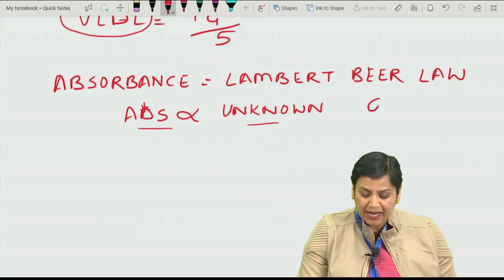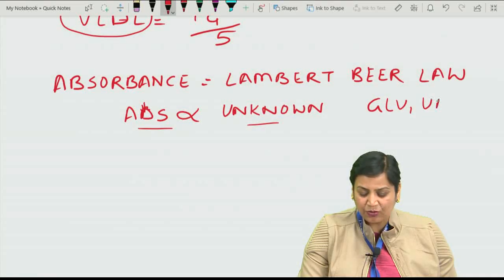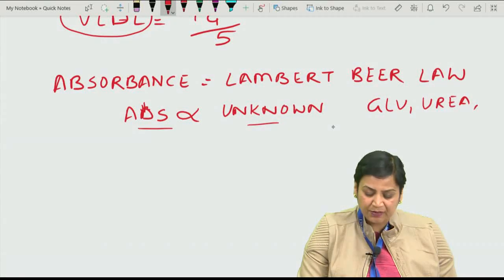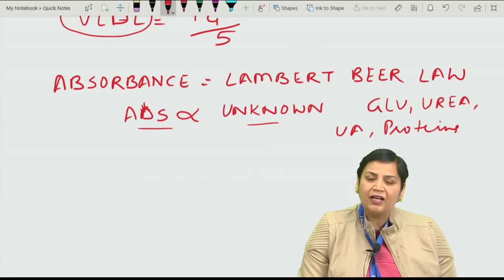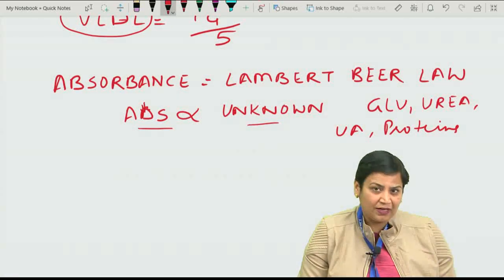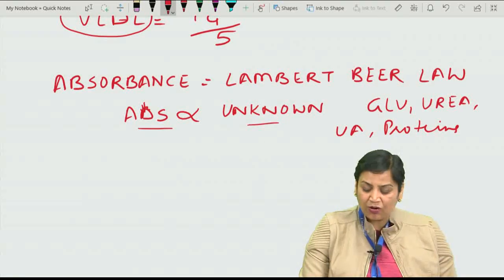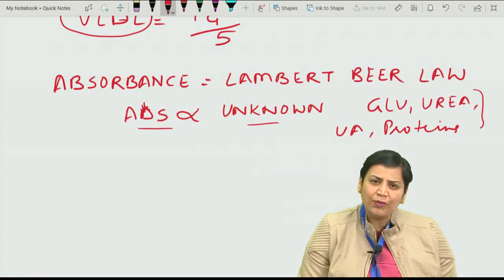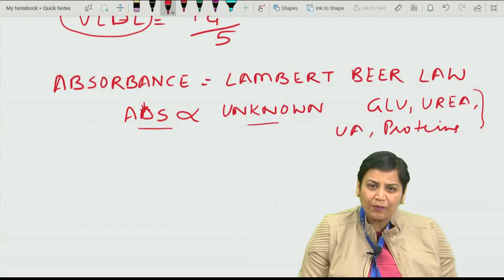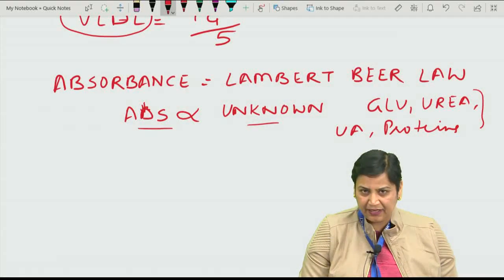Whether we have to estimate glucose, urea, uric acid, proteins, whatever we have to estimate, they are going to absorb at a particular wavelength. If the concentration of these metabolites would be more, automatically there will be more absorbance and more optical density.